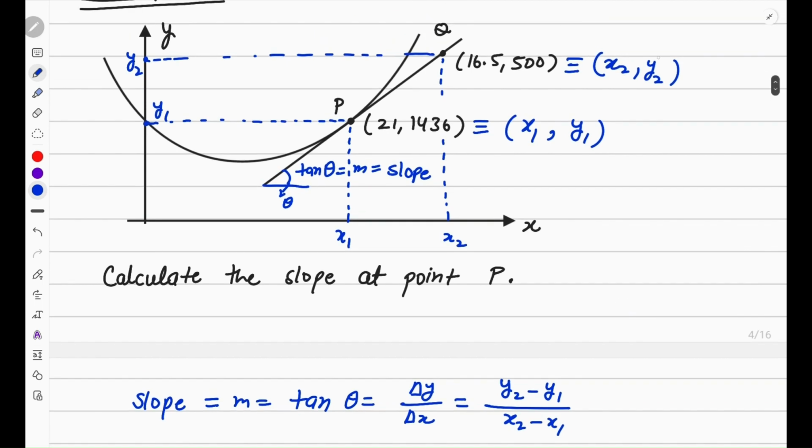If we look at what y2 and y1 are, y2 is 500 and y1 is 1436, and x2 is 16.5 and x1 is 21.